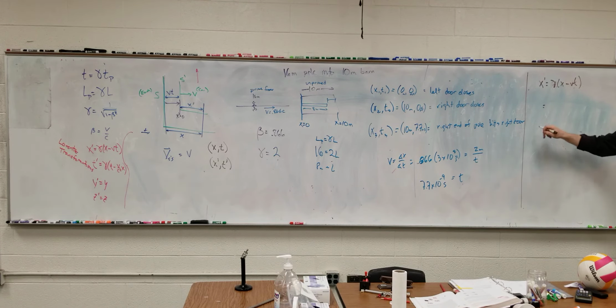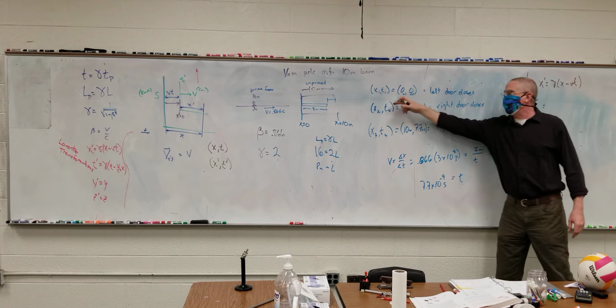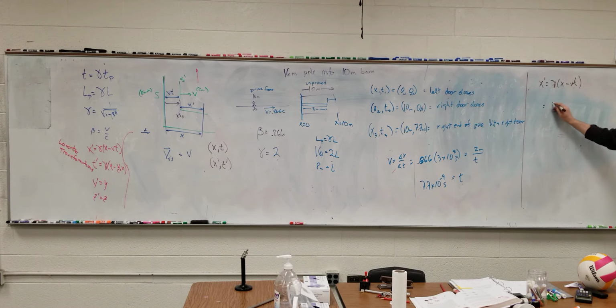If I'm looking at the first event, when the left door closes, that is 2 times 0 minus 0.866 c times 0, which would be 0. So they at least both agree on that one.